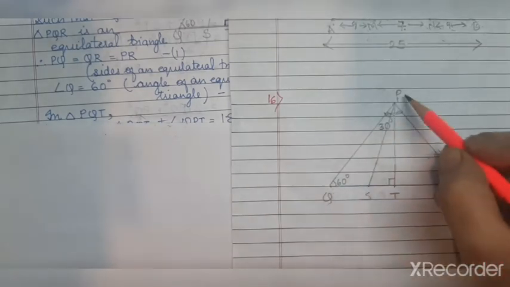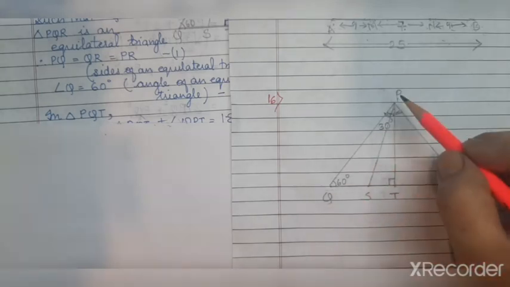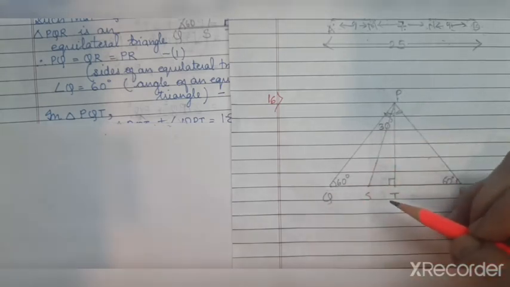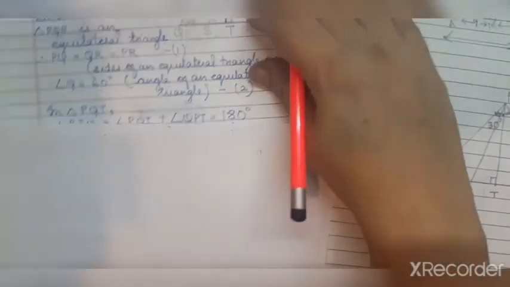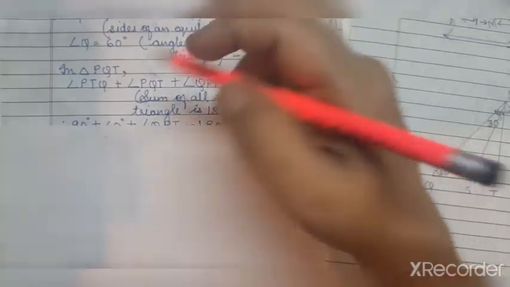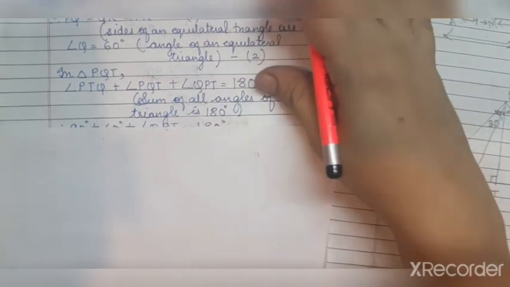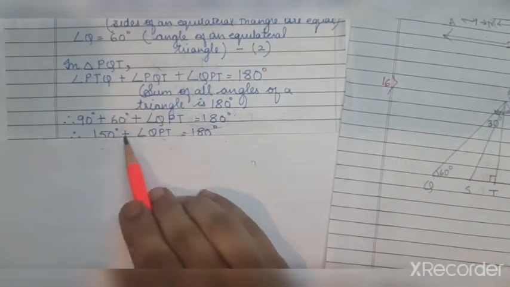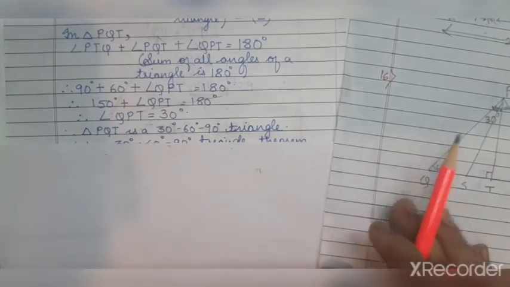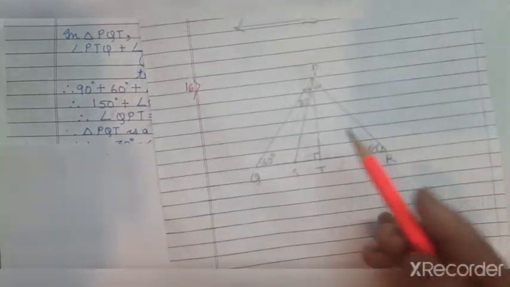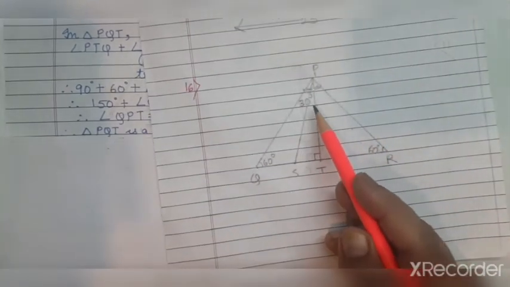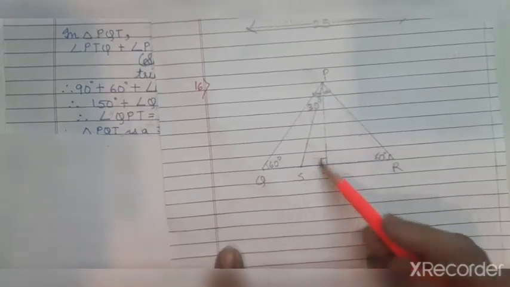Therefore, triangle PTQ is a 30, 60, 90 degree triangle. We know two angles, one is 90, other is 60, so the remaining angle is 30 degrees. So first we will use the 30, 60, 90 degree triangle theorem in triangle PQT.